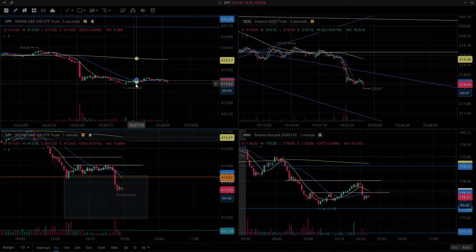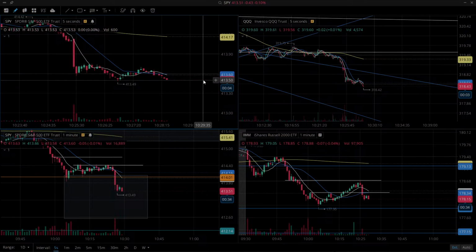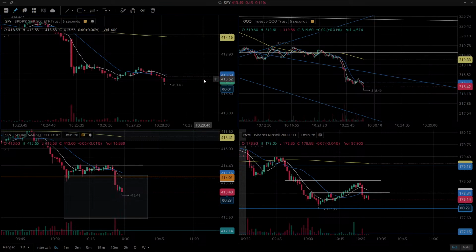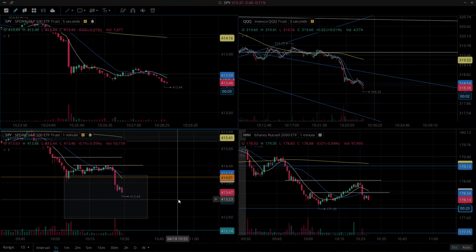Watch this. 413.52. I haven't seen a sign of a reversal yet, so I'm not going long. That's going to finish a leg over. We're going for the middle of the box, guys.